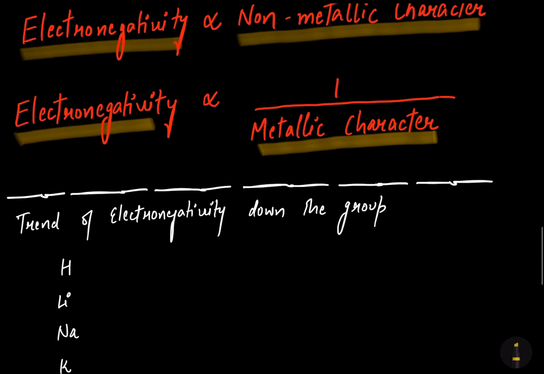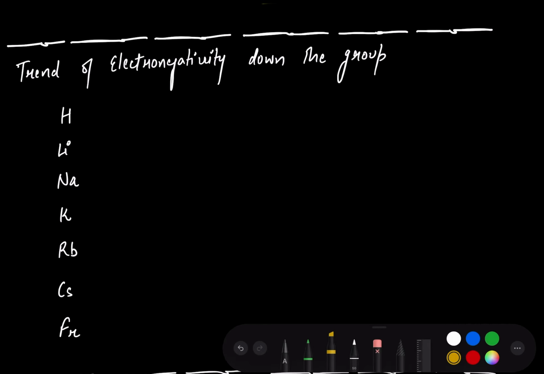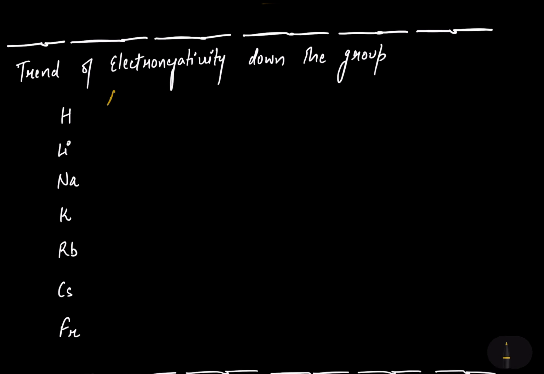So now let's discuss the trend of electronegativity down the group. Now as we move down the group, what will happen?